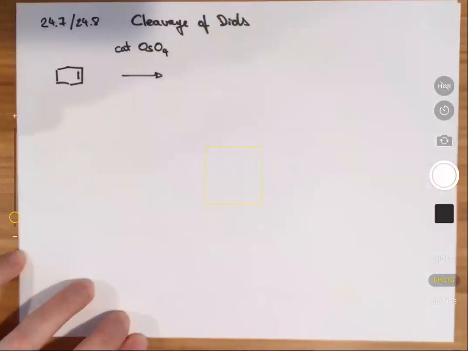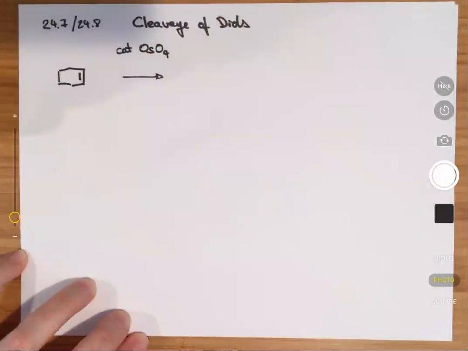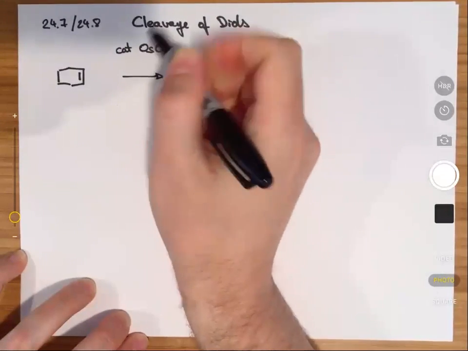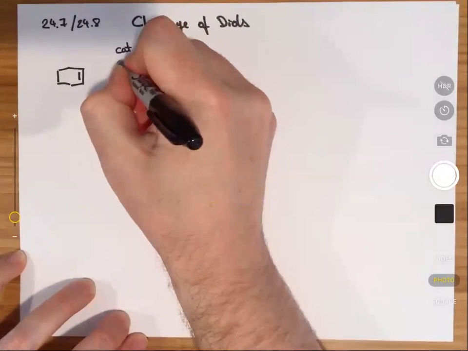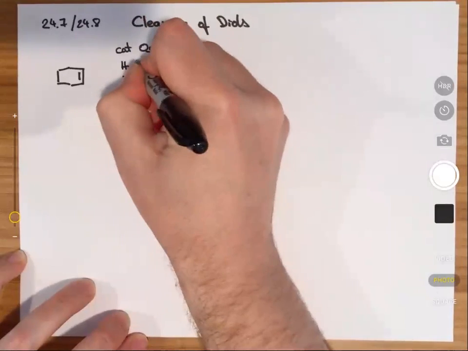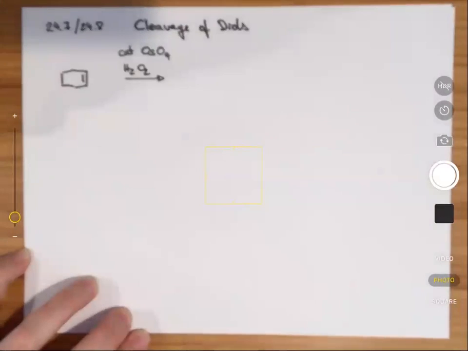So usually this is used catalytically because osmium tetroxide is very, very toxic, and you should use the minimum amount necessary to run your reaction.